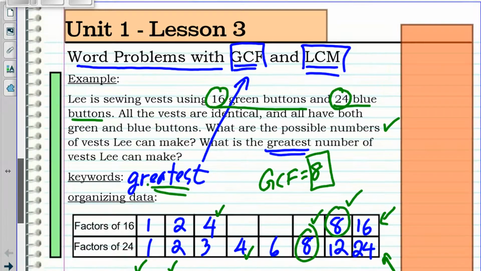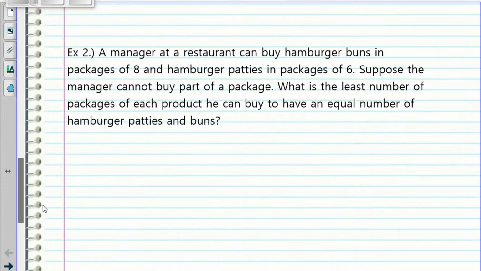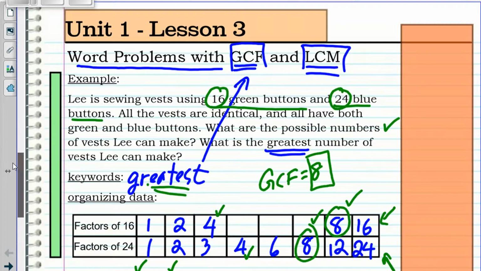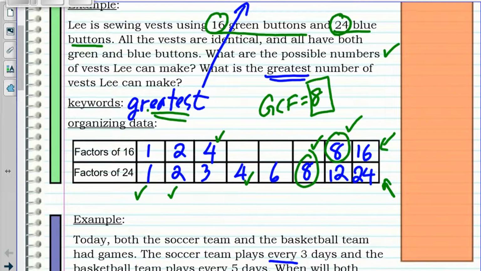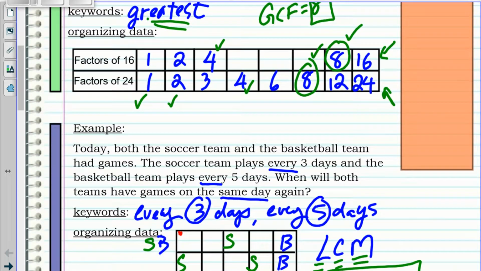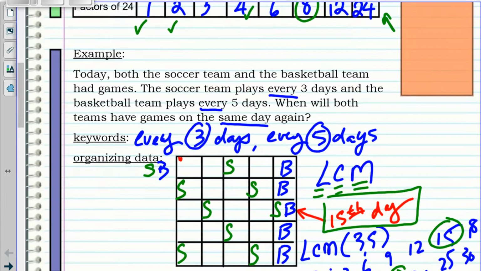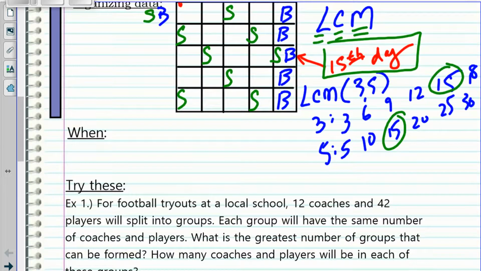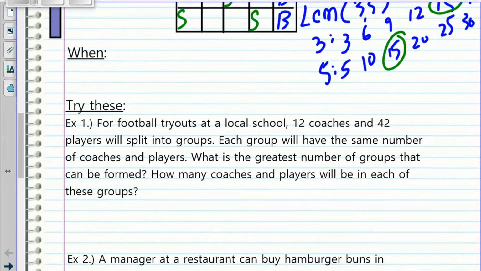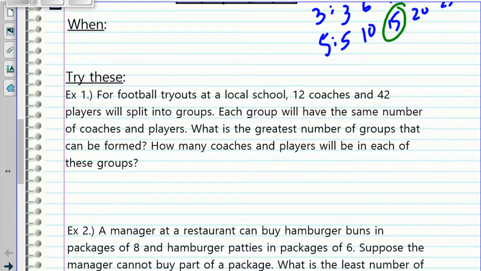Now, okay, let me go to the laptop to do this. So here's, before I let you try this, here's when you should use greatest common factor or least common multiple.